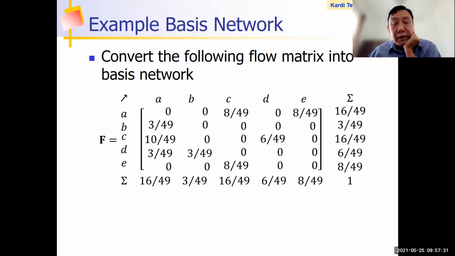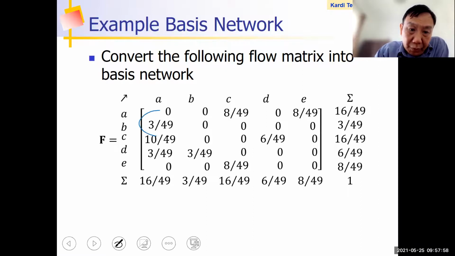Okay. Now I want to get the basis network. Suppose this is the flow matrix that you have. And then the flow matrix, you put it into rational numbers, which is fractions. If you put them into fractions, you will see the denominator here.